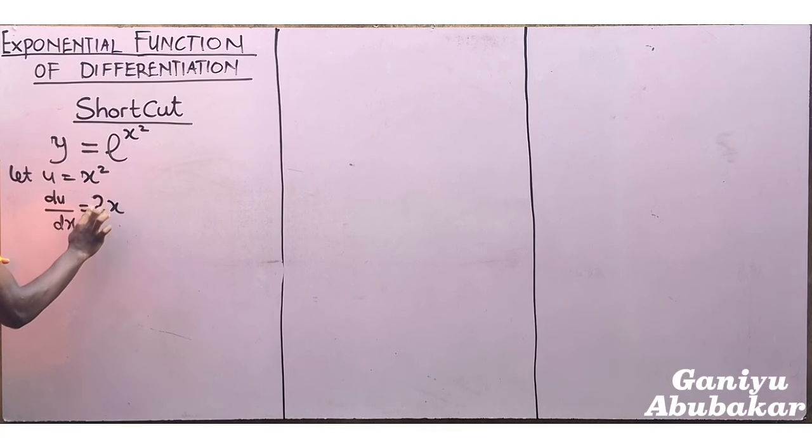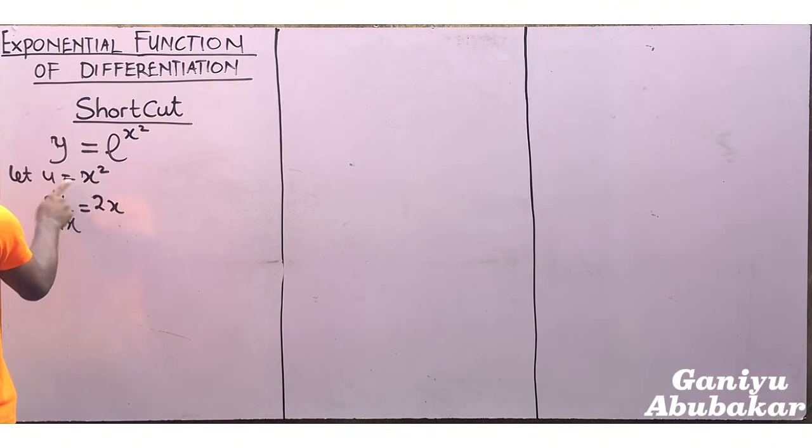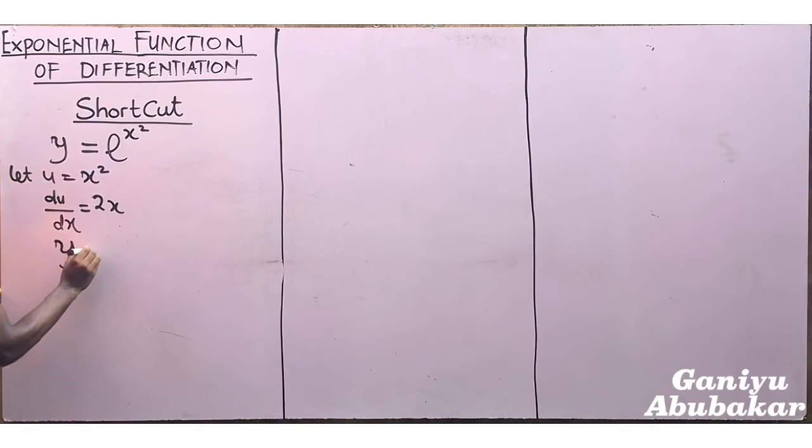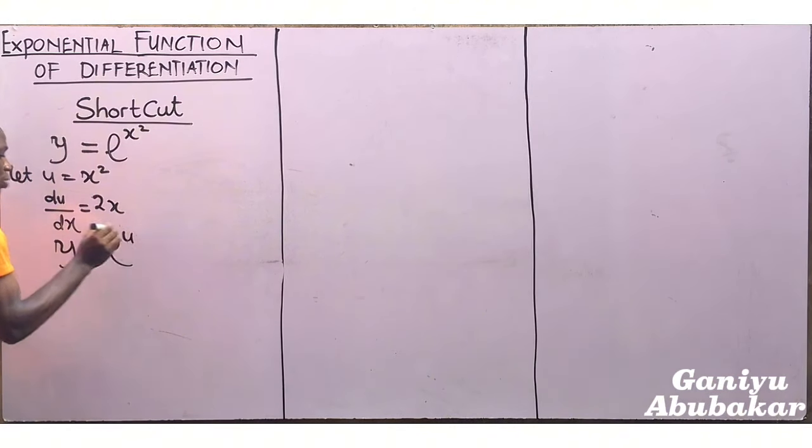So at this point, your first task is to call the term here u and differentiate with respect to x. Now, we said y is equal to exponential x squared. But x squared is u, so I'll put u here.